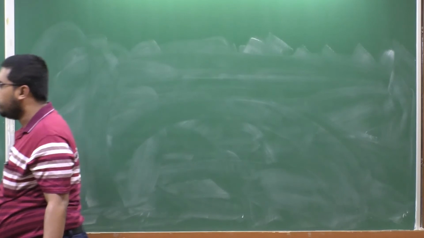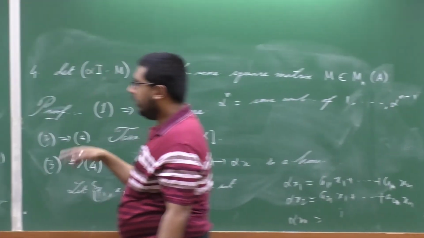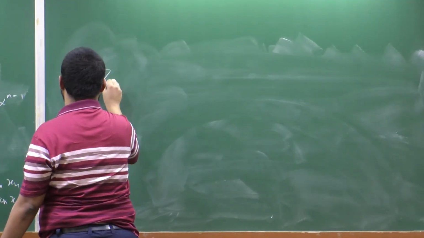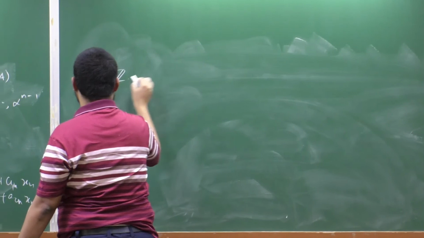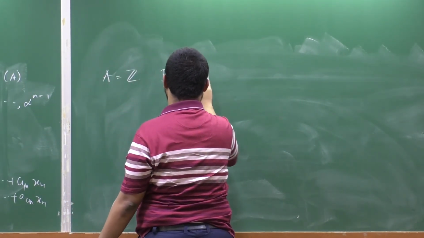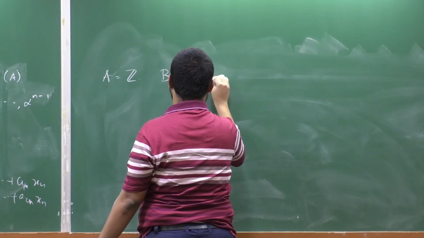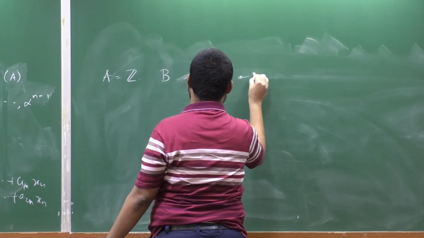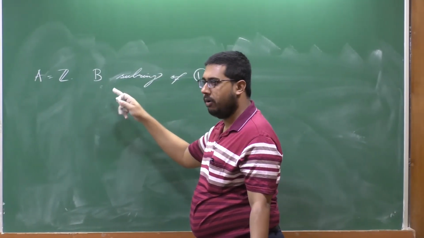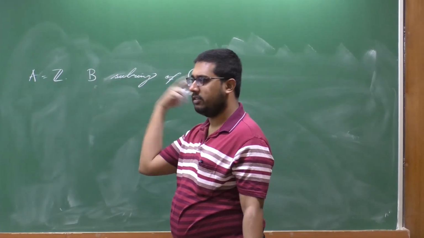For the purpose of our course, though the definition has been given in generality, we can simply stick to the situation where A is Z and B is some subring of C. Remember that if B is a subring of C, then it has to contain 1, and therefore it has to contain all iterations of 1.